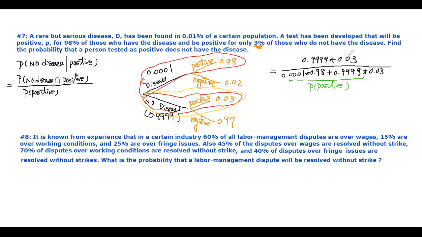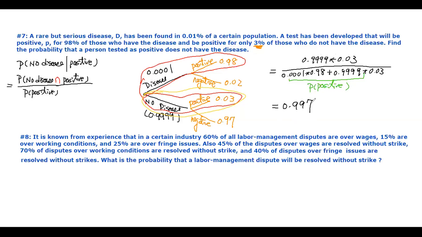All right. Okay, so if you put this into a calculator, you will get 0.997. Okay. That means this test really is not very good, because you test positive, but in fact you have no disease.